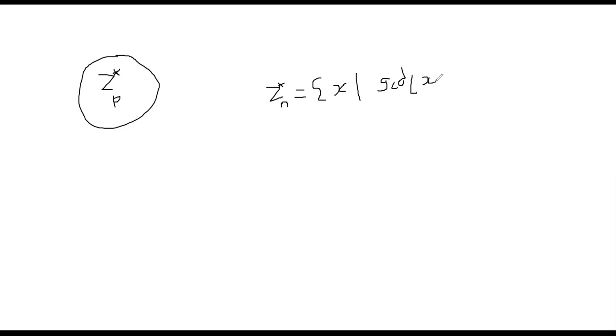And of course, x has to be less than n and greater than or equal to 1. So all these elements are what make up the group Zn star. This is basically the definition of Zn star. GCD is the greatest common divisor.